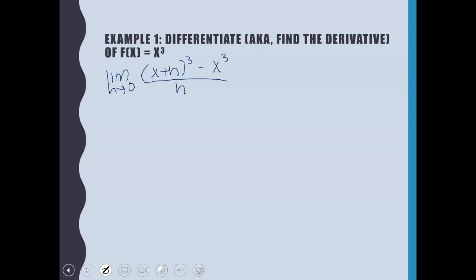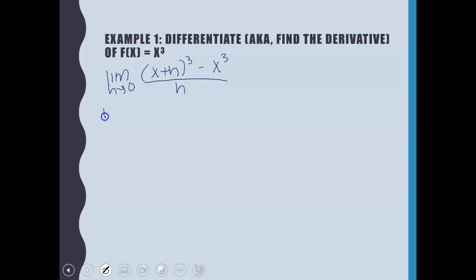If you forgot Pascal's triangle, it's 1, 1, 1, 1, 2, 1, then you add these together and put the 1s on the outside. So x plus h cubed is going to have coefficients 1, 3, 3, 1. The x's are going to decrease from powers of 3 down, and the h's are going to increase from powers of 3 up.